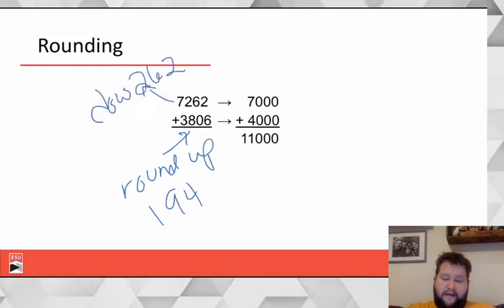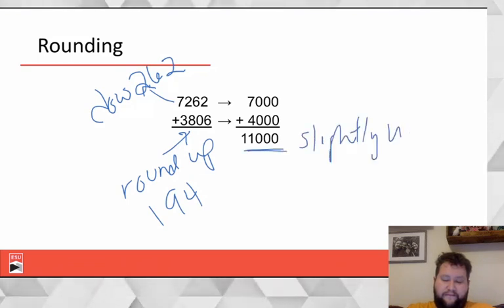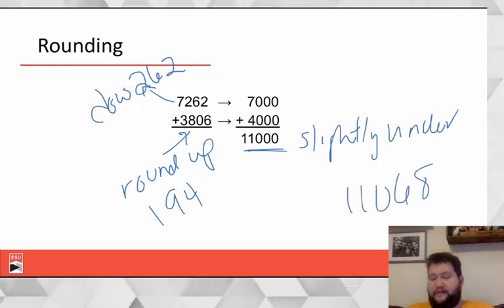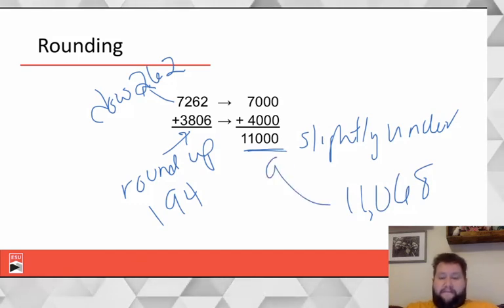This is going to be slightly under. So let's see if 7,262 plus 3,806 is 11,068. 11,068 is slightly more than that.